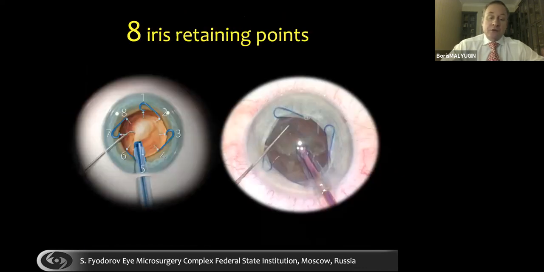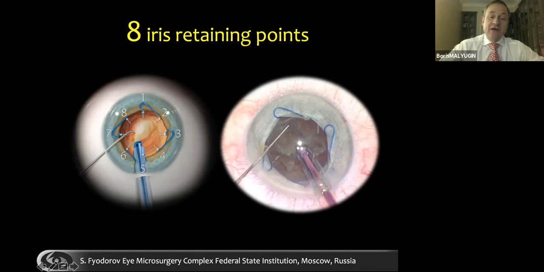What is good with this device is that, in spite of the square shape, you actually have 8 points of iris fixation, because in addition to the fixation points that are located at the corners of the device, there is one more point in the middle where the thread goes from the upper portion of the iris to behind the iris.